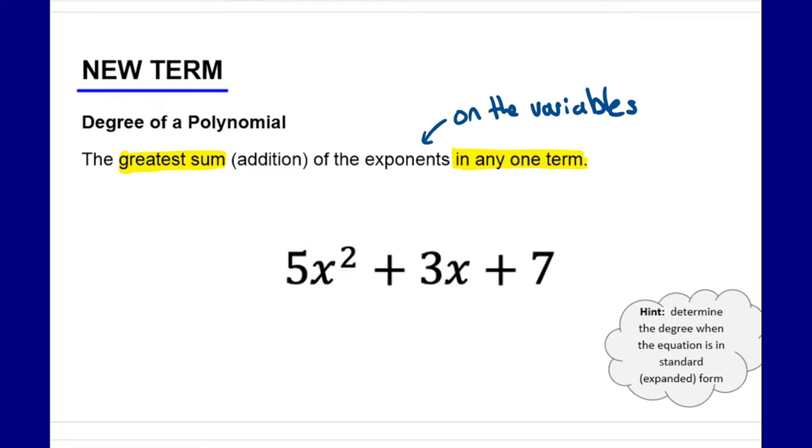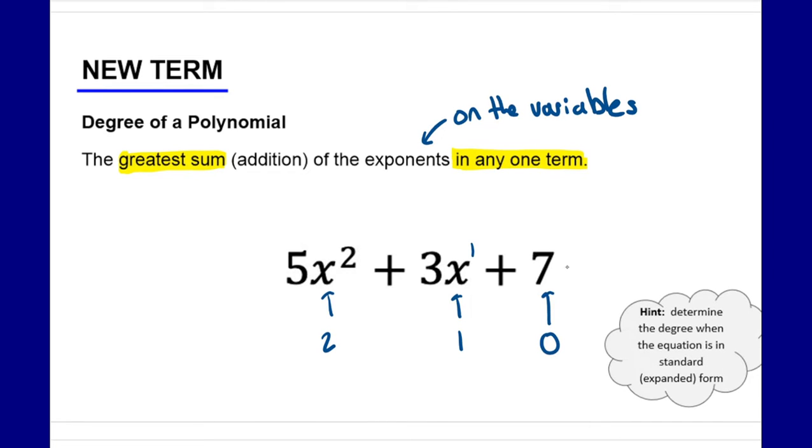So if I go through and I look at my expression, 5x squared plus 3x plus 7, well, I can see here the sum of the exponent on this one is 2. The sum on this one is 1, because again, if we don't see an exponent on the letter, we assume it's an invisible 1. And on this last one, it's a degree of 0, because we don't have a variable at all.